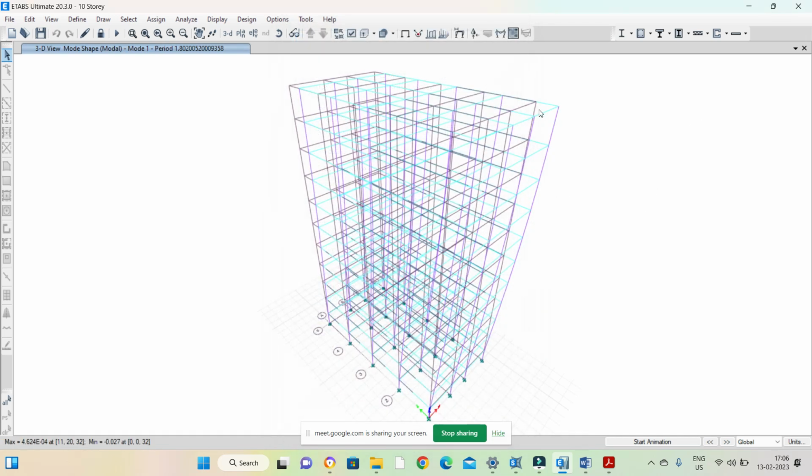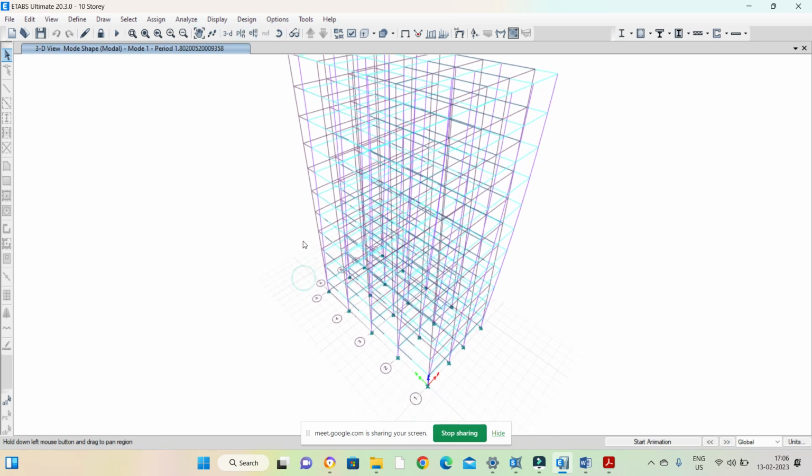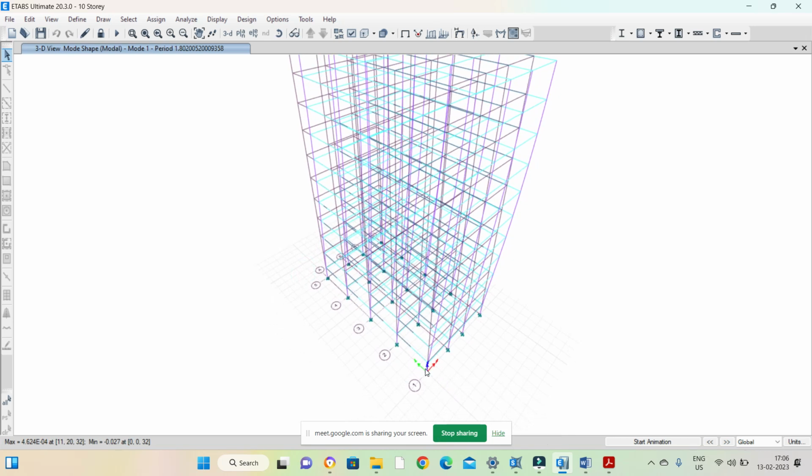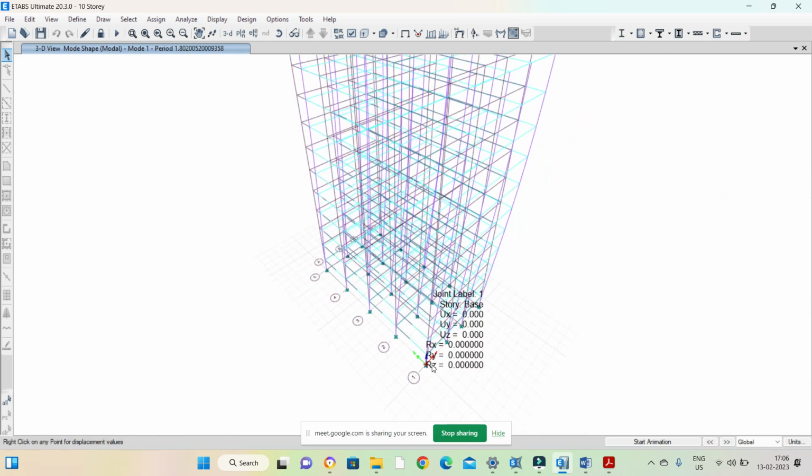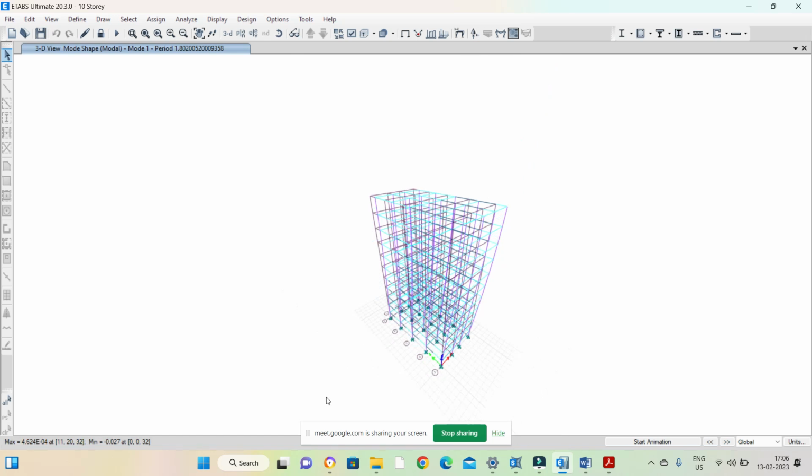Here you can see both the original structure and the deformed structure. Can you let me know in which direction this first mode is, x direction or y direction? On the ordinate you can see here, this is x and this is y. So can you now tell me which mode is this, x mode or y mode?